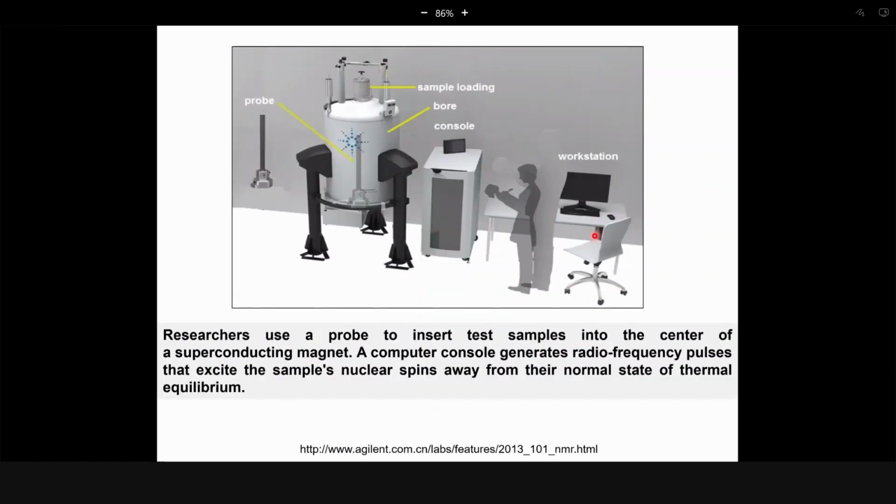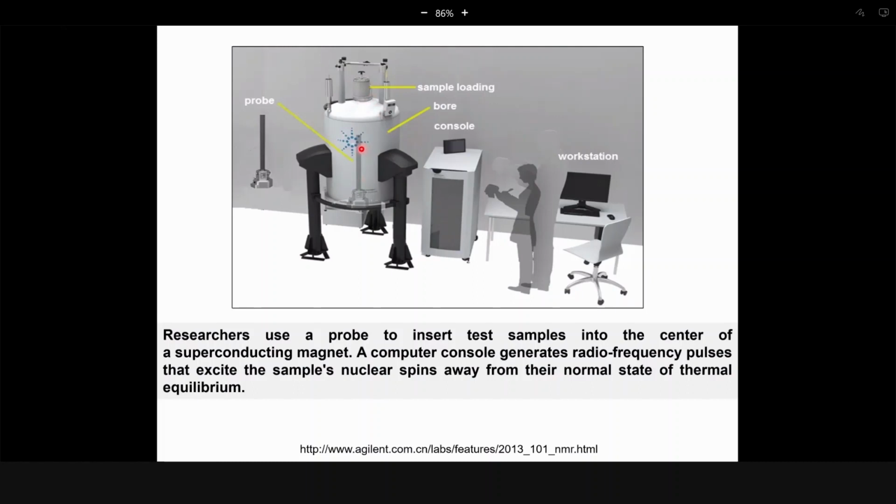I don't know if you have already had the opportunity to enter a room with an NMR spectrometer. It's something very big. You see the scientists here, and the size of the machine depends on the power of the machine.